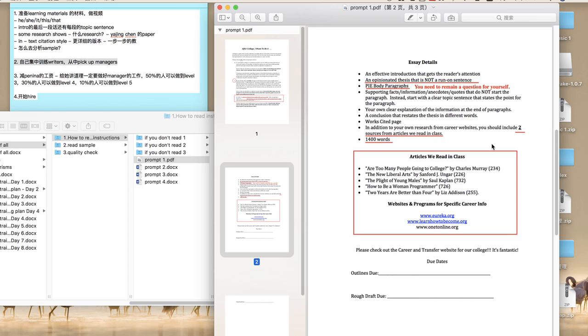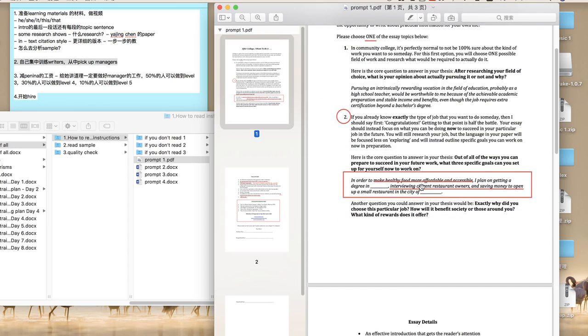If you didn't get any source like this from your manager, ask your manager, please, okay? Ask your manager. Here is a sample thesis. What does sample thesis mean? It means your thesis needs to be very similar to this one.